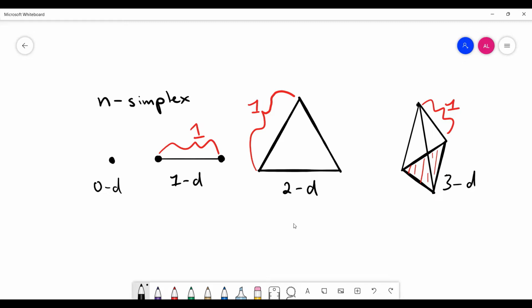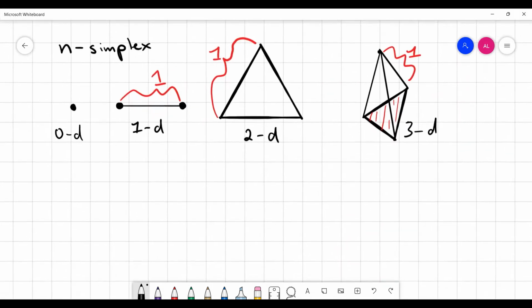So for instance, a line segment has 2 vertices because 1 plus 1 is 2. An equilateral triangle has 3 vertices, right? 2 plus 1 is 3, and so on. And since n plus 1 is the smallest number of vertices that a polytope in n dimensions can have, this simplex right here is actually the simplest polytope that exists in a given dimension.